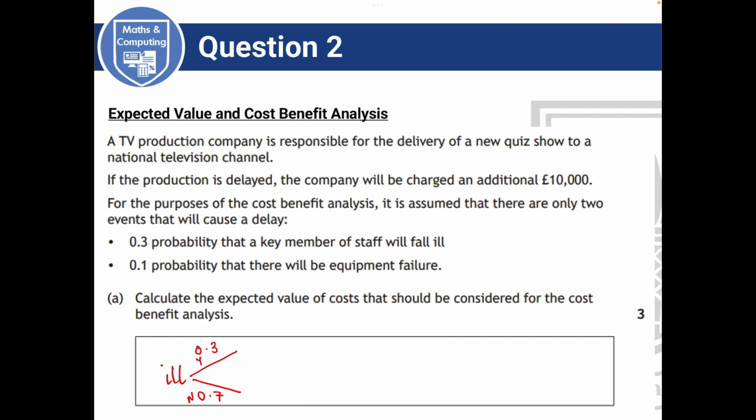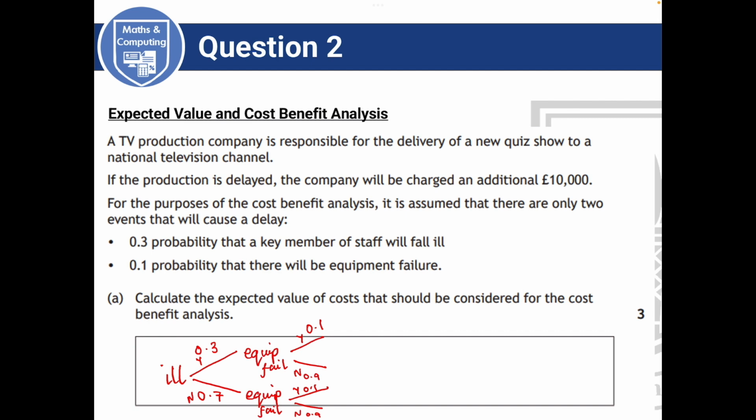Next we're going to go for equipment failure. There is a 0.1 probability that will happen, which means that there is a 0.9 probability it won't. And again, let's just put it back in here, equipment failure. So we've checked both these branches. 0.1 that it will fail, or 0.9 that it won't fail.